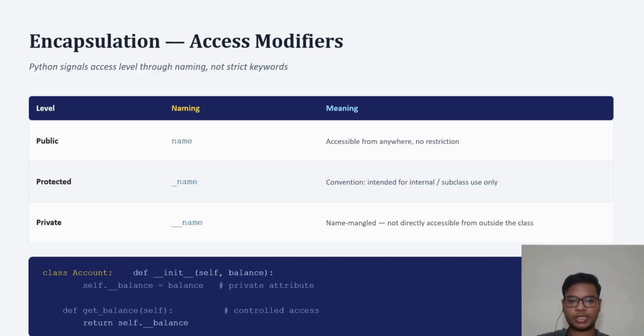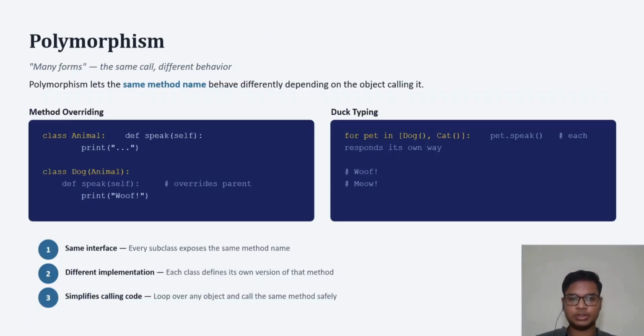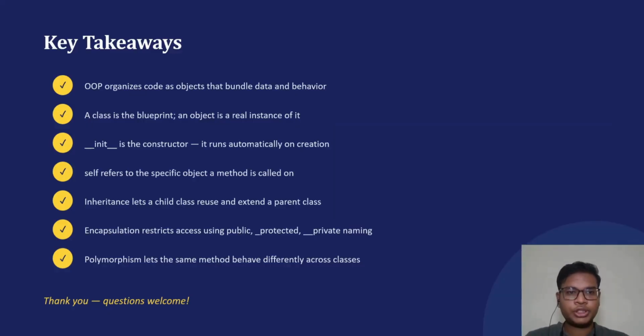You have to take all the examples of how this works; method overriding and duck typing we have also done. So now see these key takeaways. Let's talk about a recap. First, object-oriented programming organizes code as objects that bundle data and behavior. Second, a class is the blueprint and an object is the real instance of it.